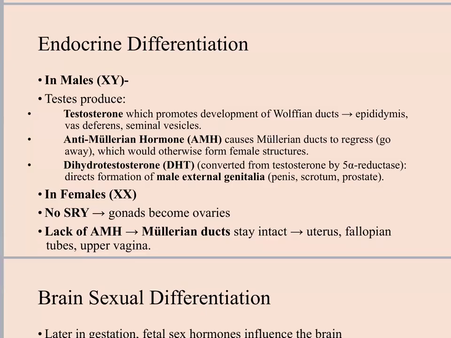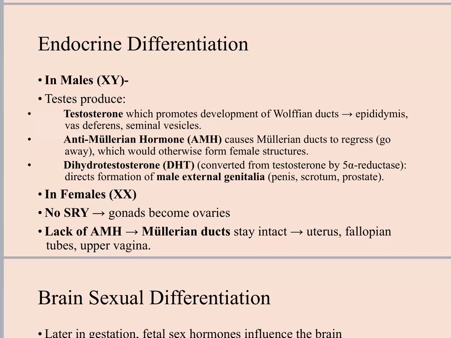And if they hung around, they would form female structures. And then testes also produce dihydrotestosterone, or DHT, and that directs the formation of male external genitalia. So the penis, the scrotum, and the prostate.